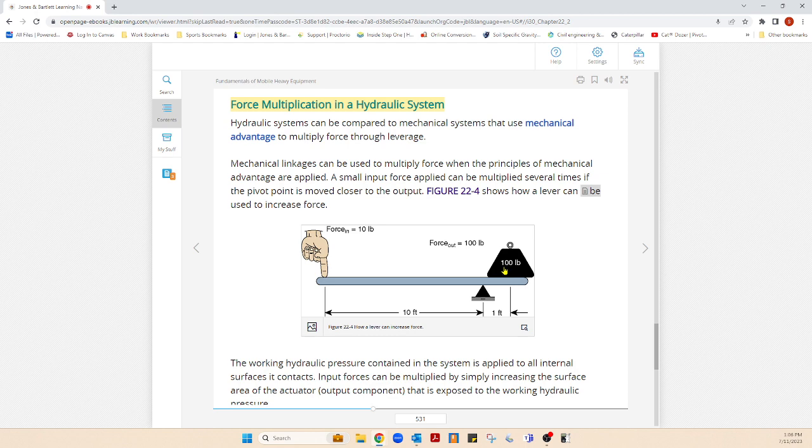So force multiplication is a trade of force for distance traveled. You can lift more, but the distance you travel is less, and we'll get into that a little more when we get into the hydraulics.